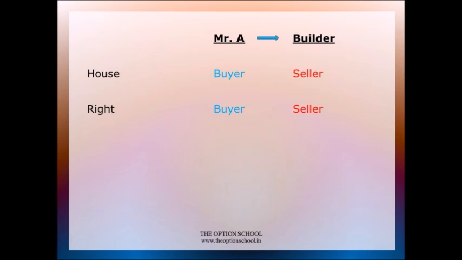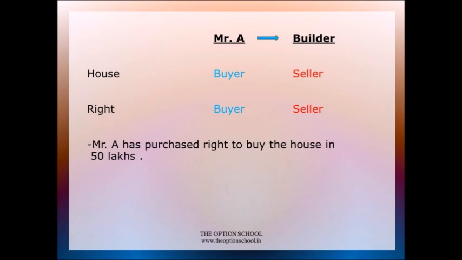He is the buyer of the right also because he has made 1 lakh rupees payment. What right has he purchased? Mr. A has purchased the right to buy the house in 50 lakhs on 30th of March. Since the builder has accepted 1 lakh rupees, he has sold this right to Mr. A.